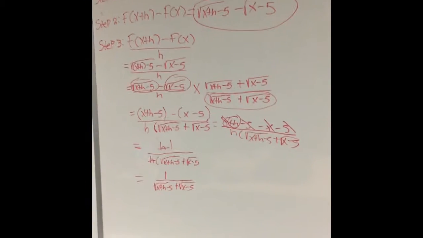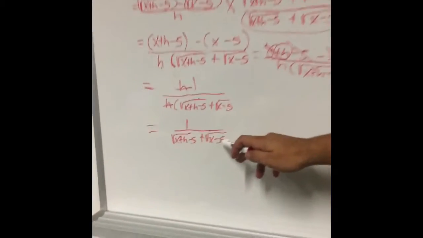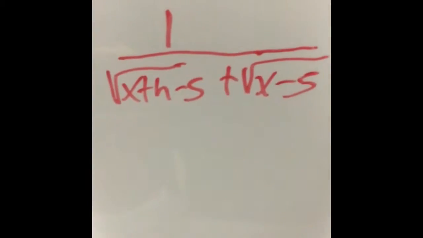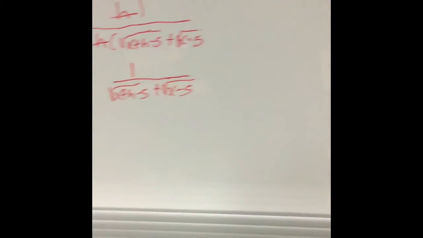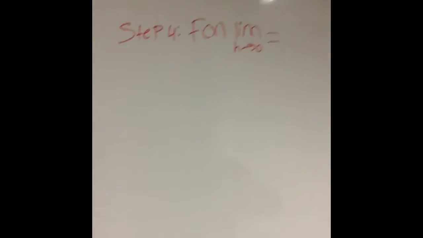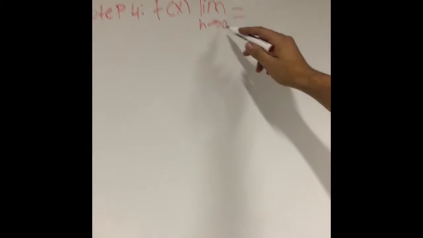Okay, so for step 4 of the four-step process, you would take the equation of step 3, which is 1 over root x plus h minus 5 plus root x minus 5, and you take the limit as h approaches 0.